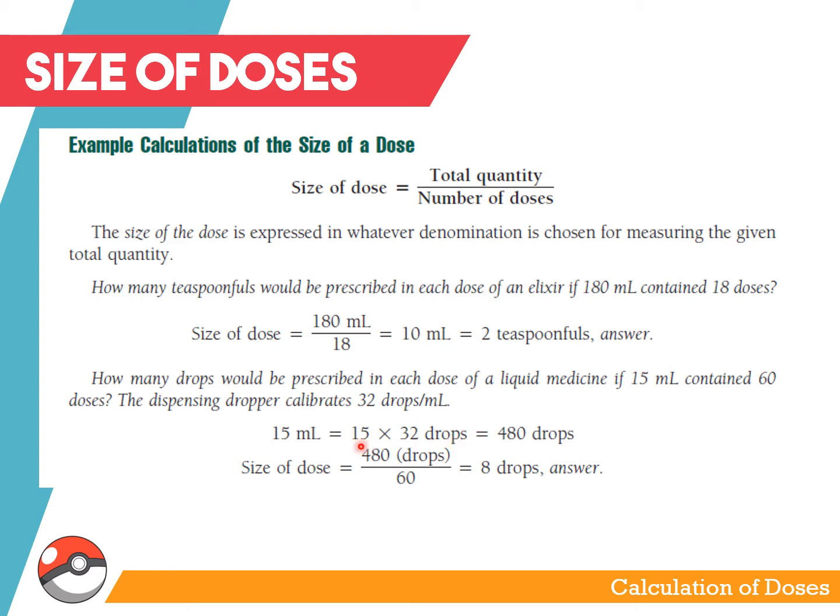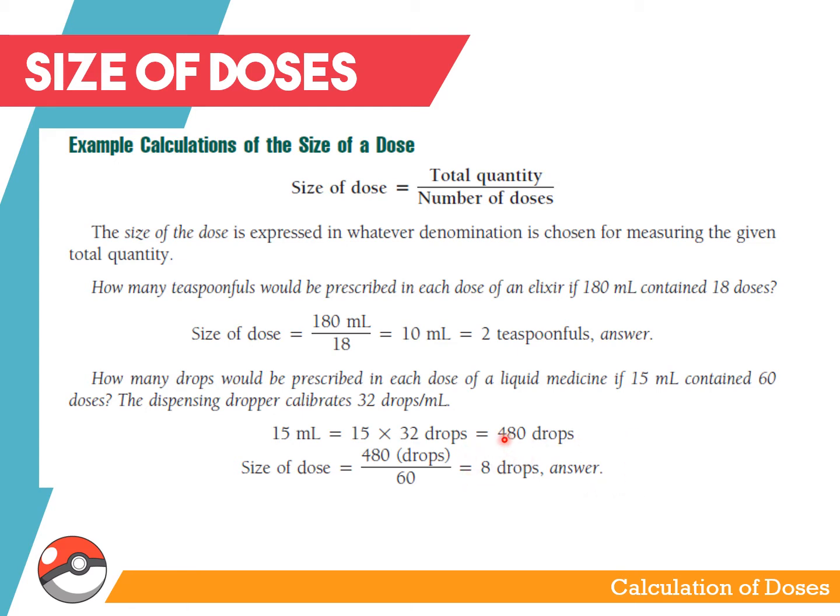So 15 times 32 drops per ml is equal to 480 drops. Okay, so the size of the dose would be 480 drops divided by 60 doses is equal to 8 drops. So 8 drops is administered for every dose.